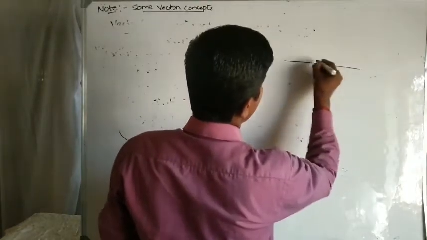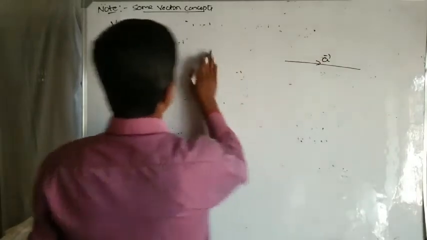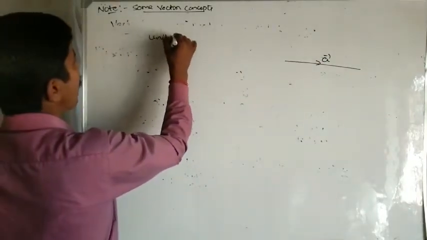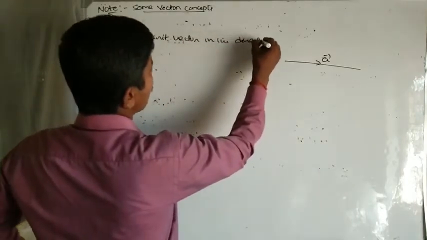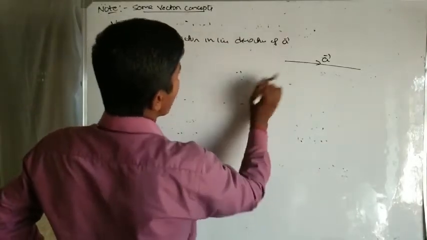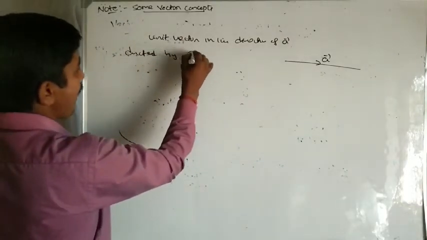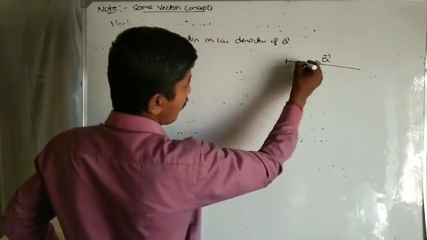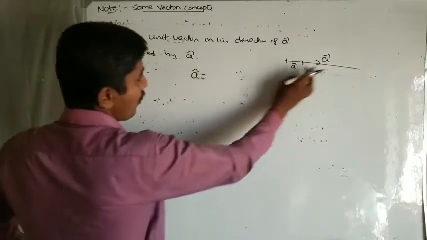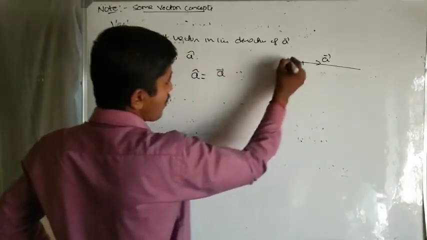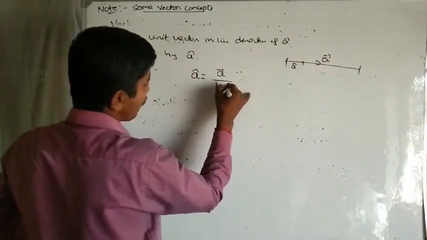Some vector I am taking. Unit vector of vector A. The unit vector in the direction of vector A is denoted by A cap. A cap is equal to vector A divided by the magnitude of the vector, the total length.